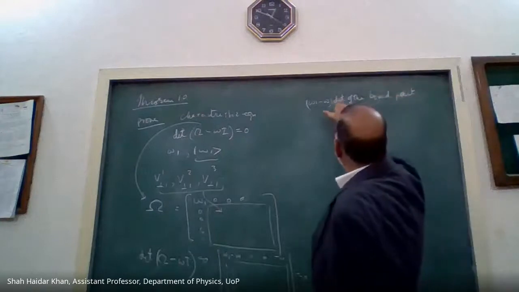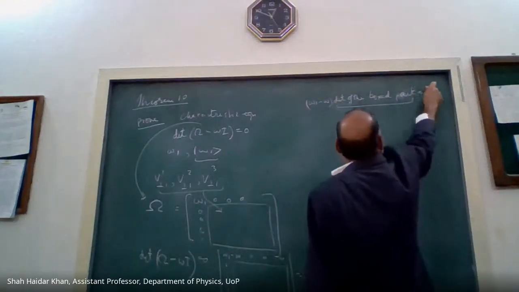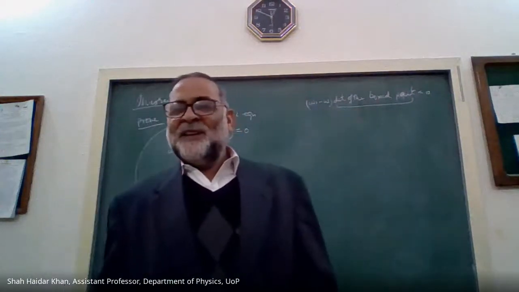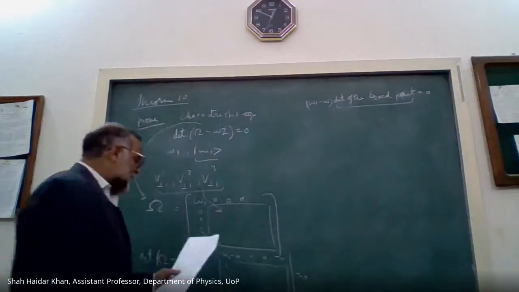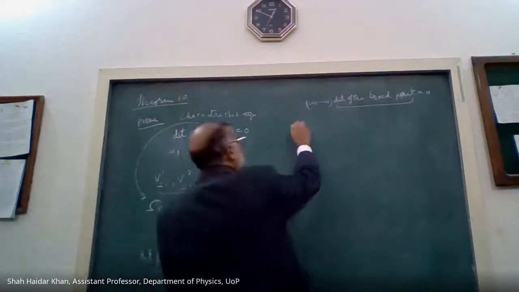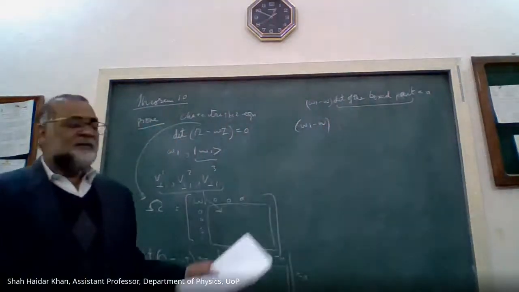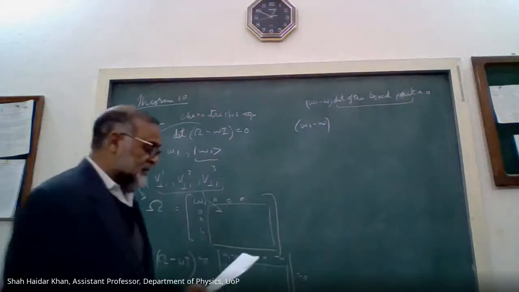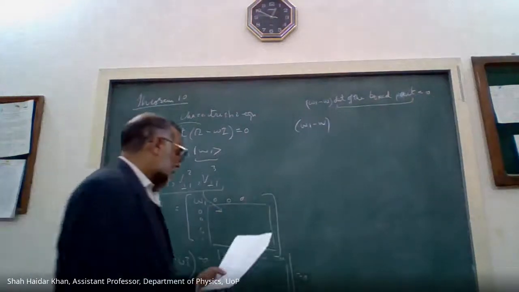We know that the determinant of the box part gives us a polynomial. We know that when the characteristic equation is solved, it gives us a polynomial.